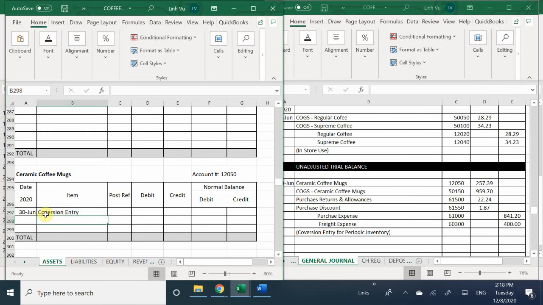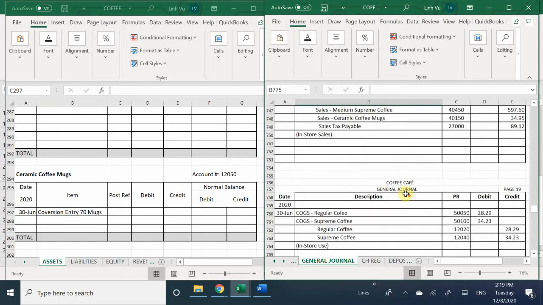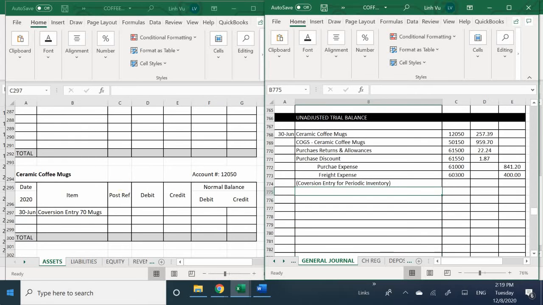And do we put anything here? Yeah, I put conversion entry. You can also put 70 mugs, so then you know that's the ending balance. Oh, okay. Post reference, we are currently on General Journal 19.